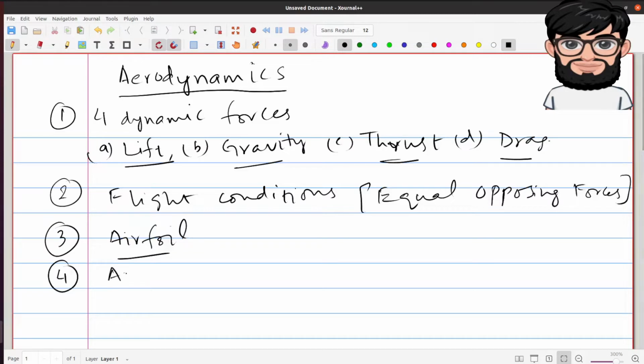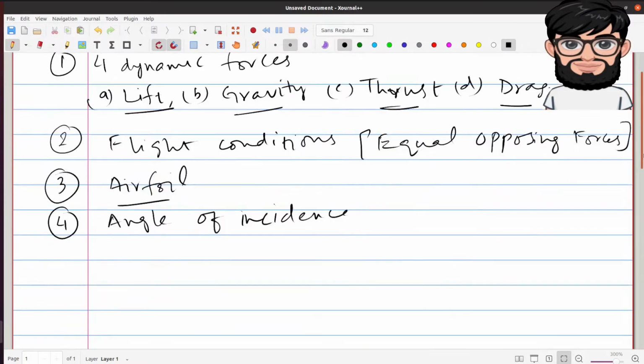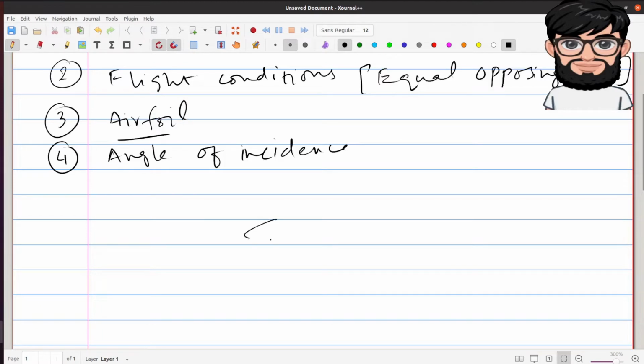What is angle of incidence? Okay, for this one, let's draw a picture. Let's say this is our plane, right? There is a thing called the chord of the wing, right?